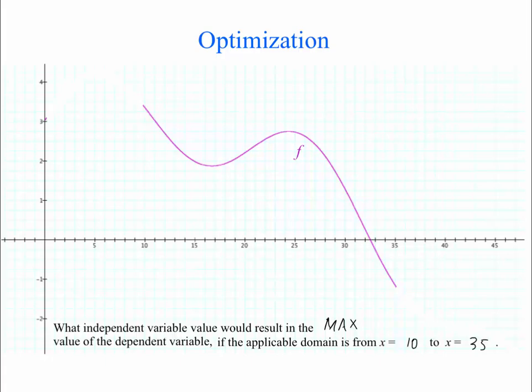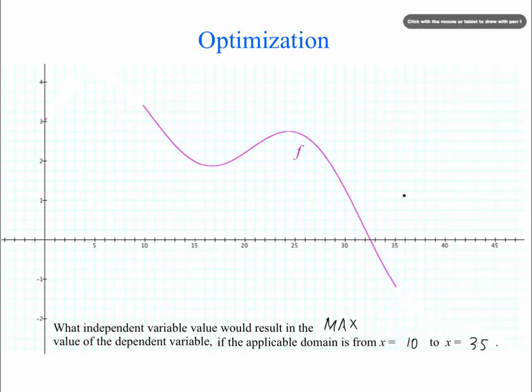So what x value from 10 to 35 is going to give us the best, in this case, the maximum value of the dependent variable? 24. We want f to be the biggest it can be. That's all it is. Where is f the biggest it can be?